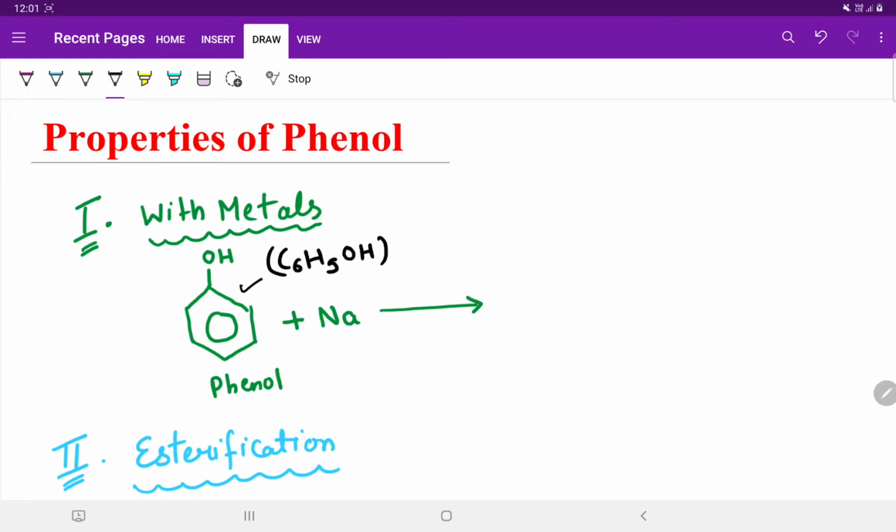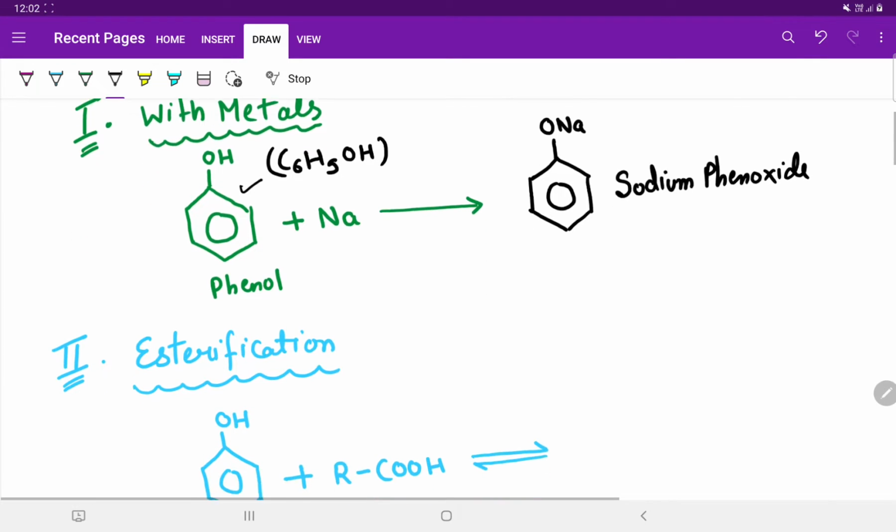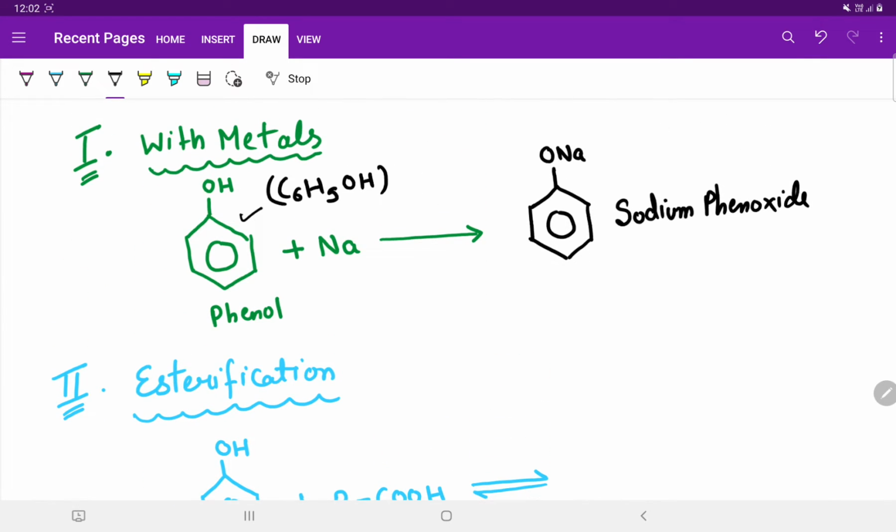So on reaction with sodium, it is forming the phenoxide, that is known as the sodium phenoxide. So this is the sodium phenoxide. This reaction also takes place in dilute sodium hydroxide, and it also proves the acidic nature of phenol.